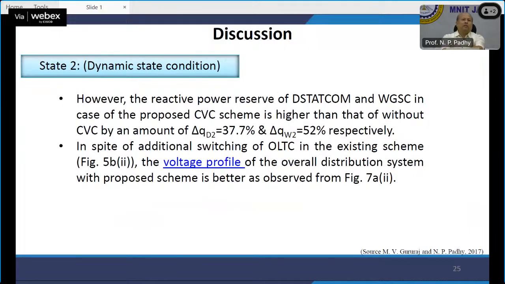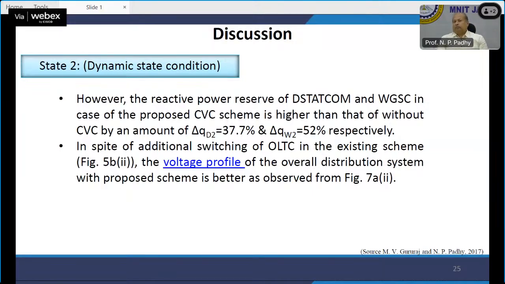However, the reactive power reserve of D-STATCOM and WGSC in the case of the proposed CBC scheme is higher than that without CBC, by 31% for the D-STATCOM and 52% for the wind, respectively. In spite of the additional switching of OLTC in the existing scheme, the voltage profile of the overall distribution system with the proposed scheme is better, as observed in 7.8.